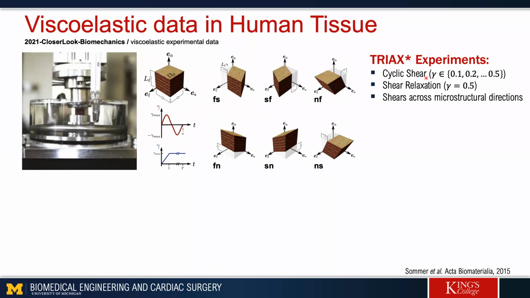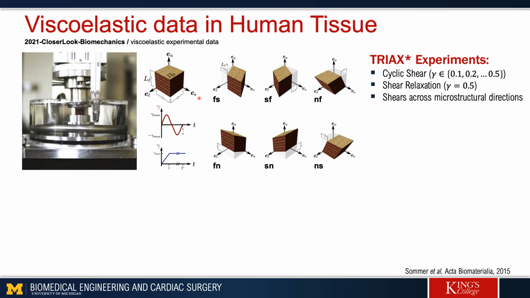They could do cyclic shear to varying degrees, going from 0.1 to 0.5. And they would do shear relaxation as well, where they go to one side and just hold it there. So you could oscillate the cube back and forth, or you could just shear it and watch what the stress response was.